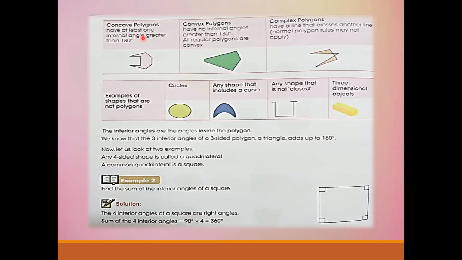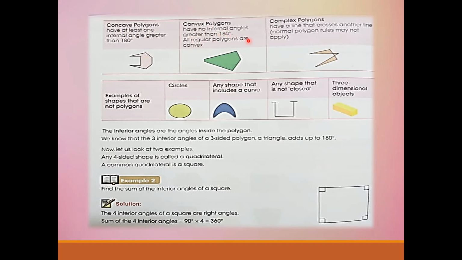Next, we are talking about concave and convex. So what's the difference? Concave have at least one internal angle greater than 180 degrees. And the convex have no internal angles greater than 180 degrees.